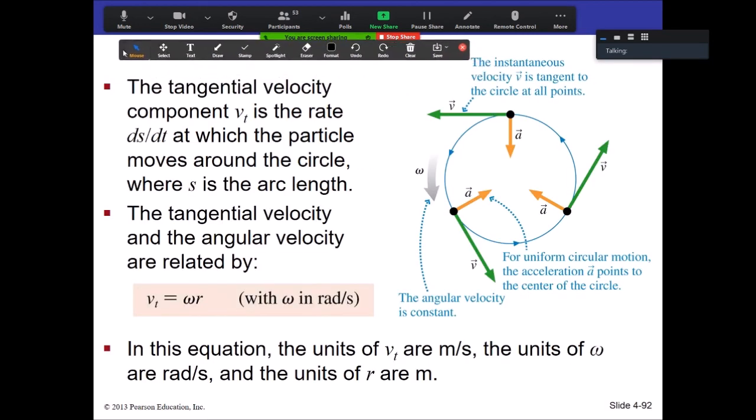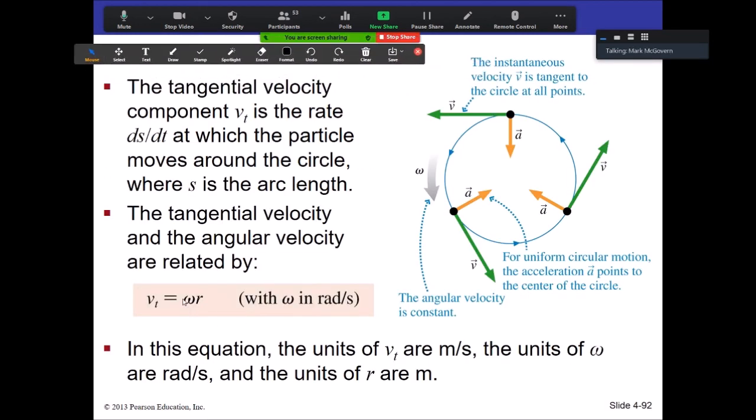Oh, well, I already said this, didn't I? So this was the equation I had mentioned before. Now, this v sub t, you could actually state it a couple of ways. Tangential velocity means the speed at that instant.